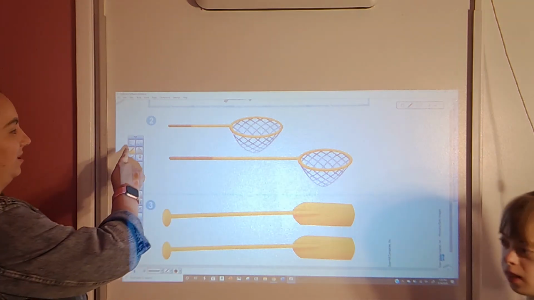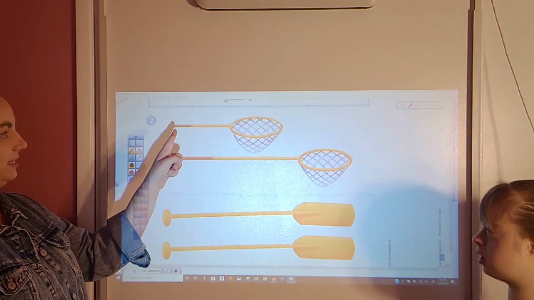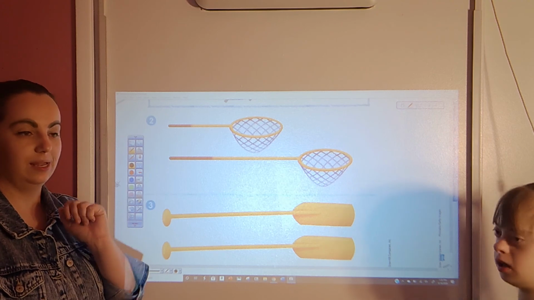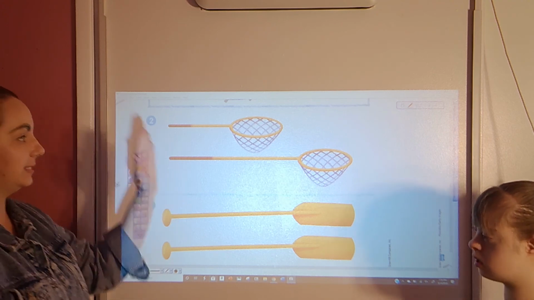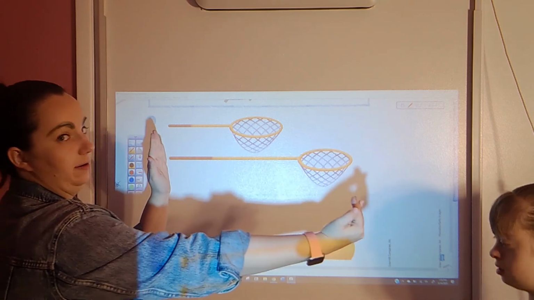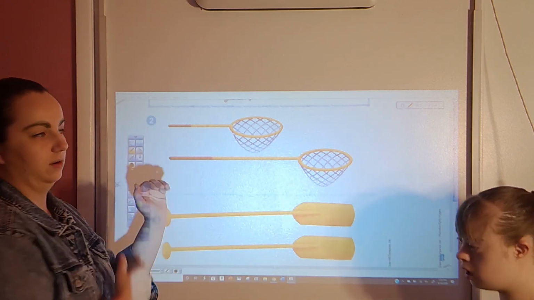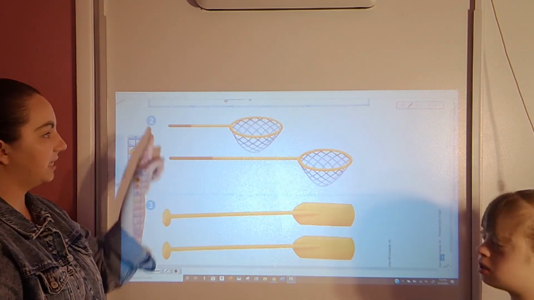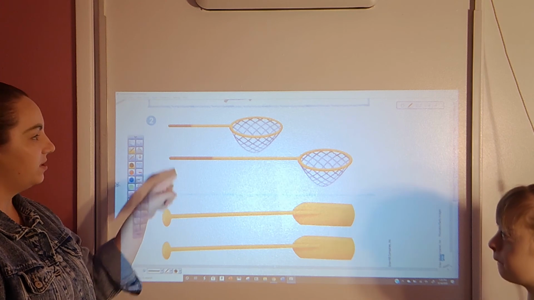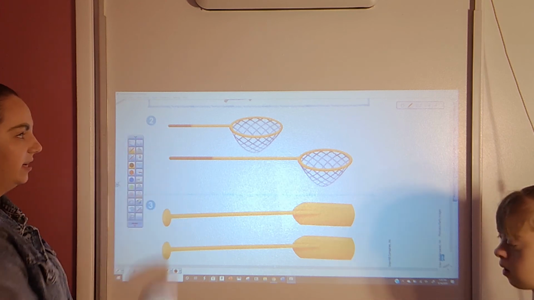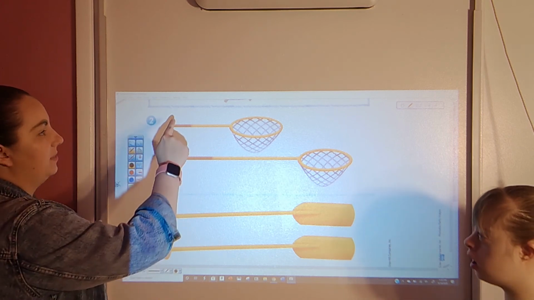So, I look up here, I see two nets. Length is measuring from side to side, left to right, or right to left. In this case, I see both the nets are lined up here on the left. So I'm going to draw a line here to help me see.